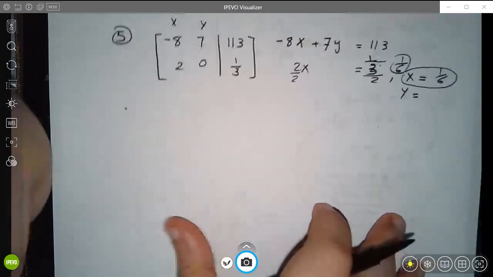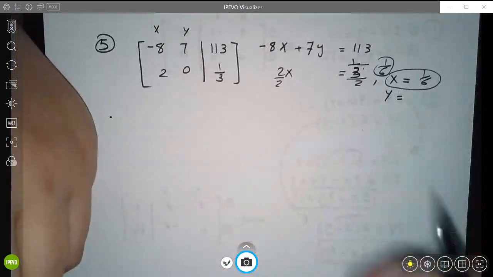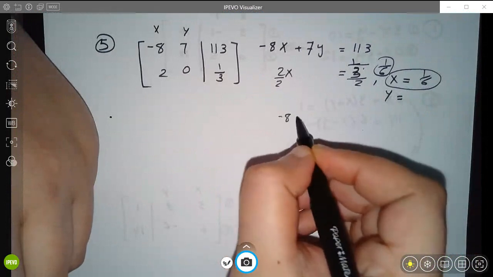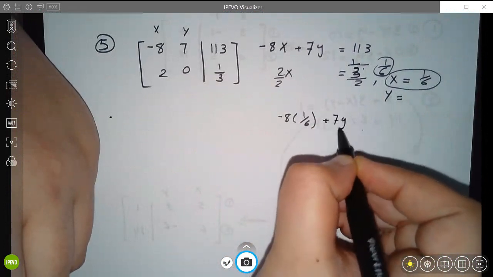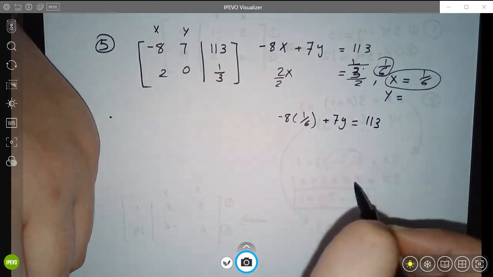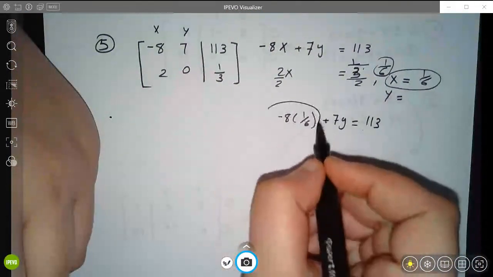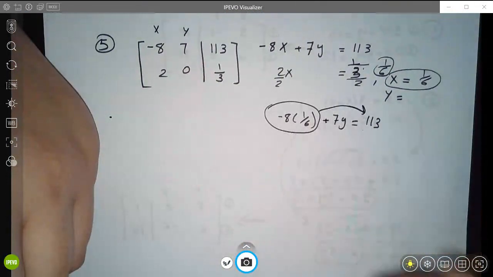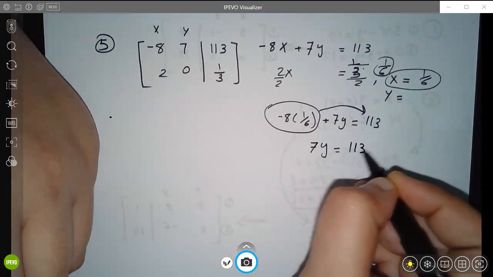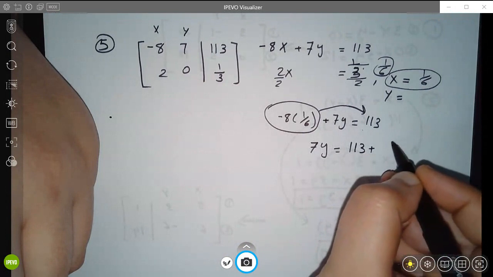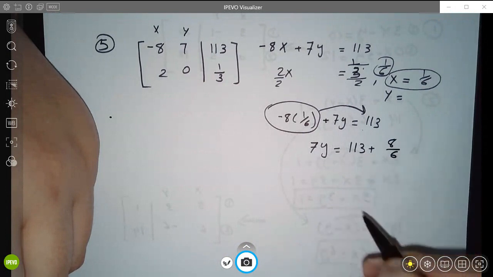Okay, so after we found x to be 1/6, we have -8 times 1/6 plus 7 times y equals the 113, right? So we're going to move this part here, and it turns positive. So you have 7y equals 113 plus basically 8/6, right?